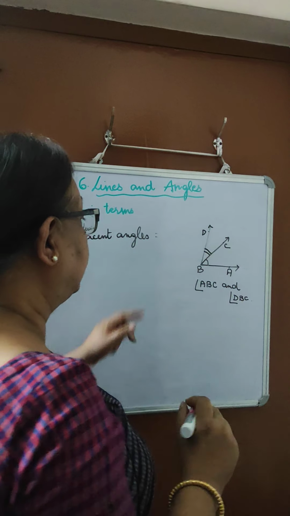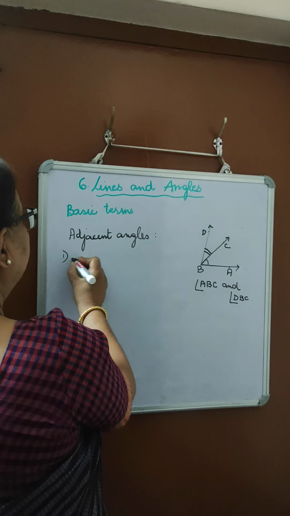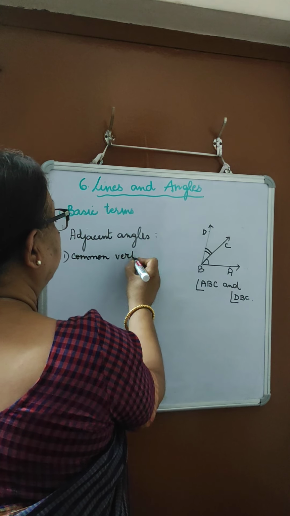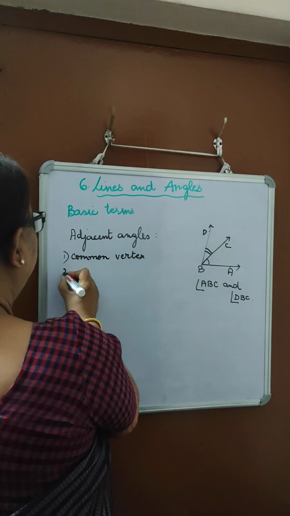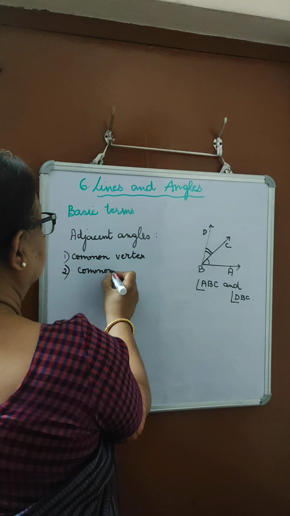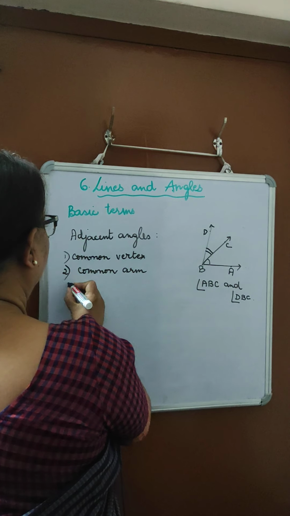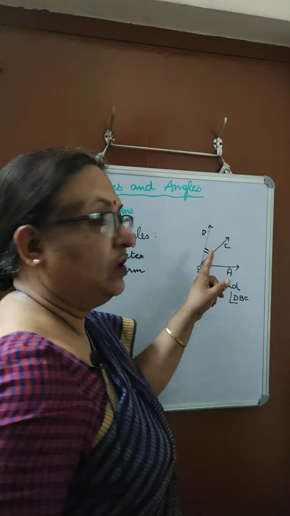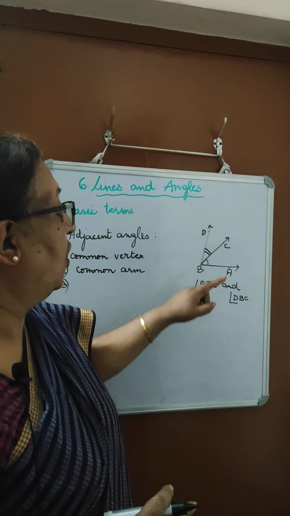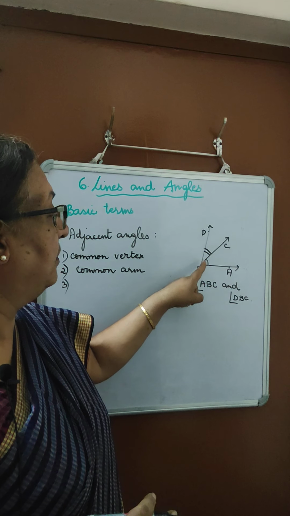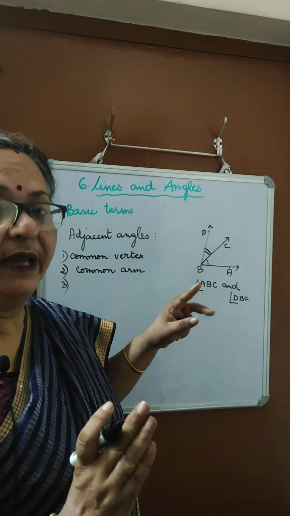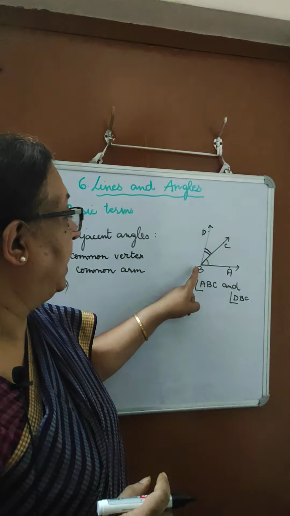So let us see what you need for adjacent angles. The first thing is a common vertex. The second point is a common arm. Not only this, the non-common arms must be on different sides of the common arm. Which are the non-common arms? BA and BD. So they are on different sides of the common arm.